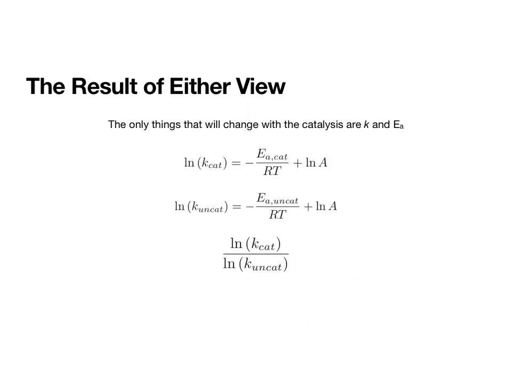So experimentally, what we end up doing to figure out the difference between the activation energy of the catalyzed system and the uncatalyzed system is that we measure the rates of the reaction with the catalyst and without the catalyst, and we find the activation energy for one of them.